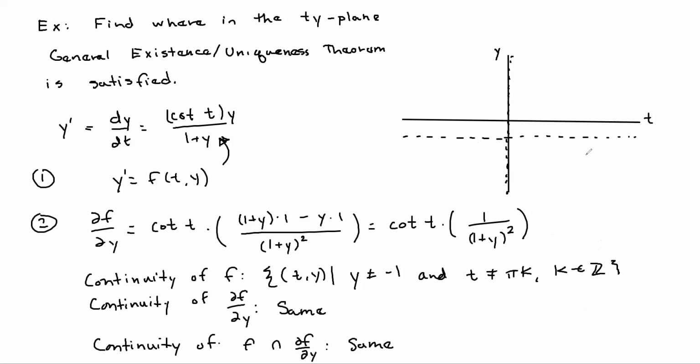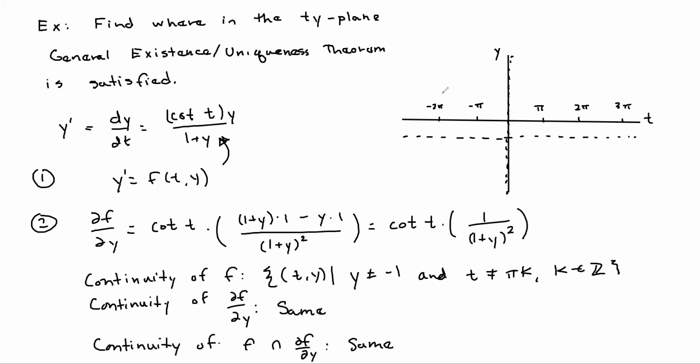Right, 0 is an integer, and then t cannot be pi k, so we need to put, it's not 1 on there, it's pi. So maybe let's extend it over here. We can't have pi, 2 pi, 3 pi, -pi, and so on.